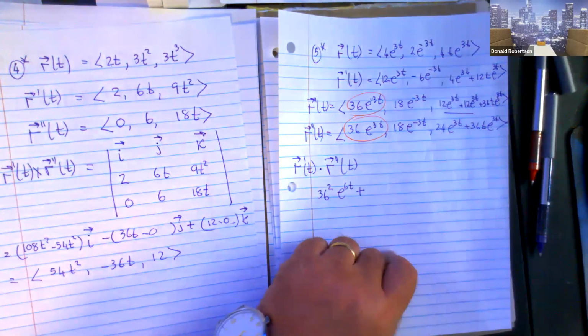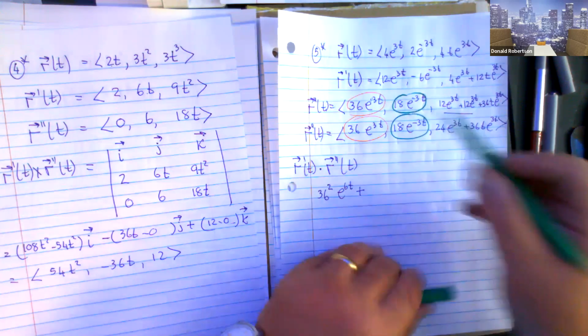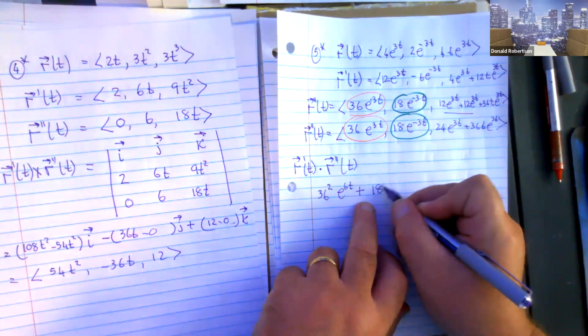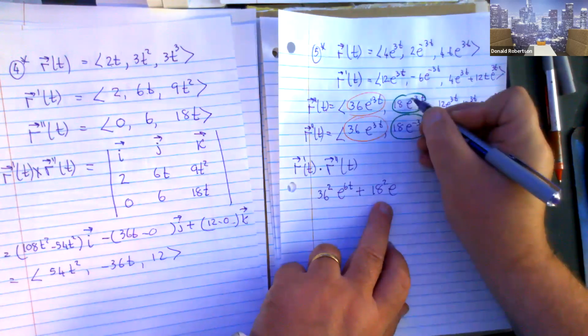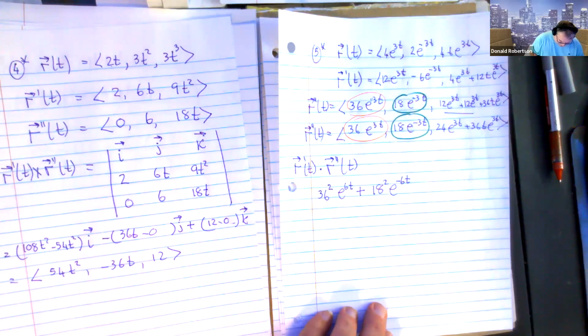And if you do the second one, it's this guy times this guy, and that ends up being whatever 18 squared is, and when you multiply these together, you just add their powers, and you get that again.